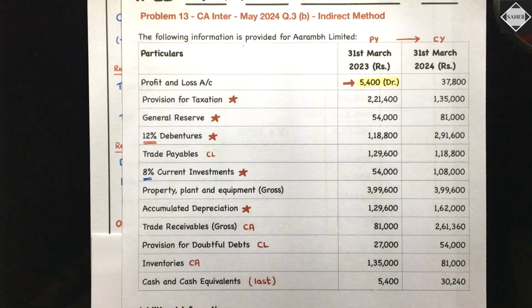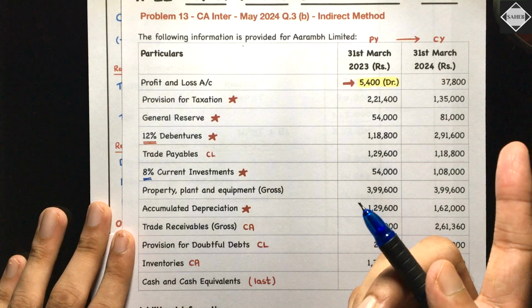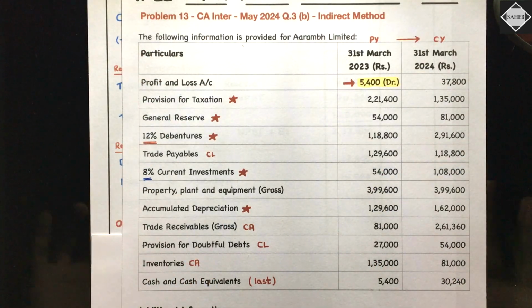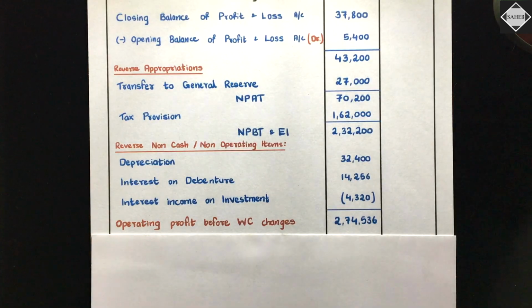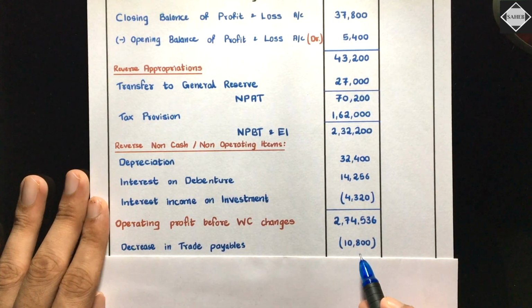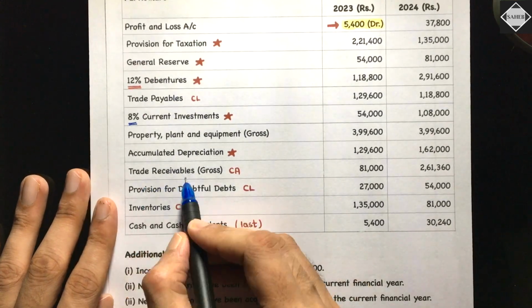If there is a decrease in current liability, that means negative impact on cash. If current liability is decreasing, cash is also decreasing. That's the logic. Because of that, we have to subtract: decrease in trade payables 10,800. Is it clear? Simple. Next, current asset we have trade receivables.